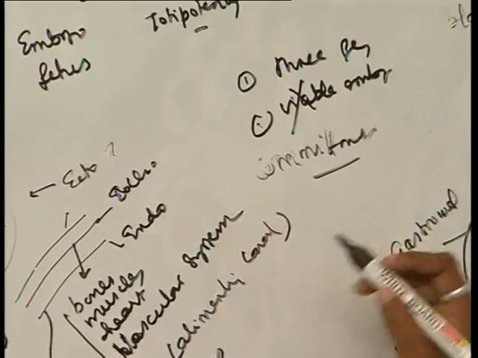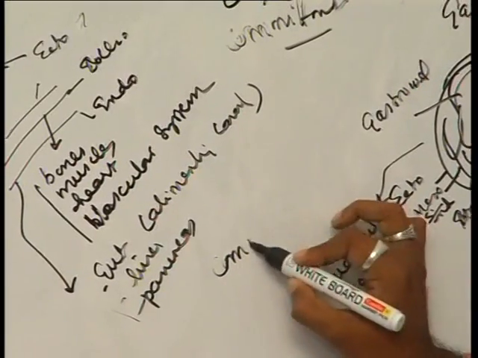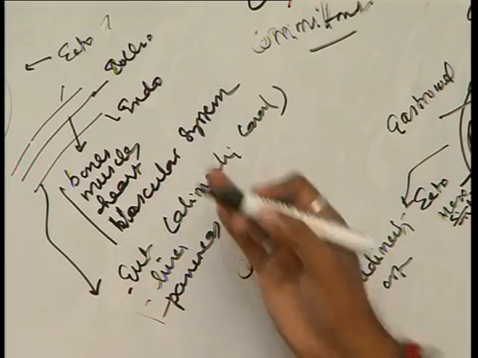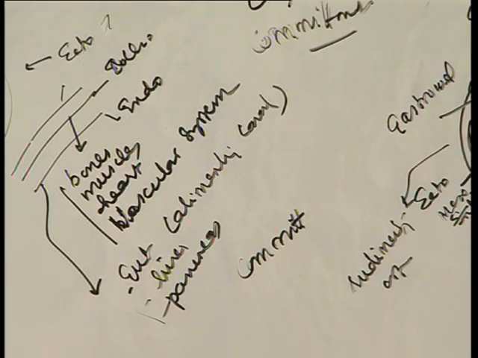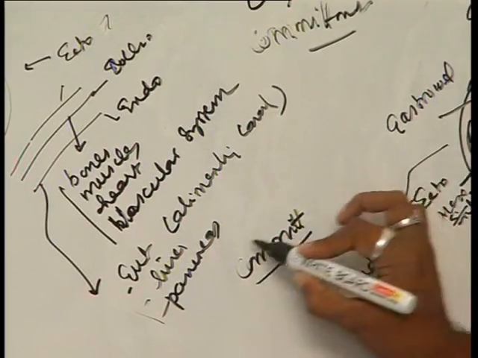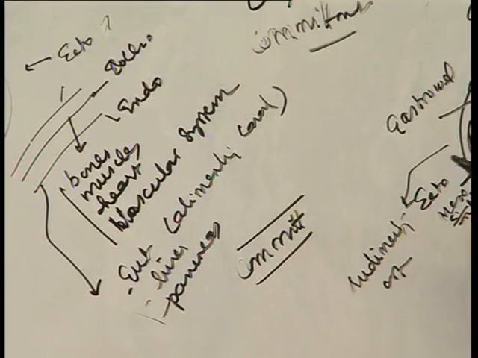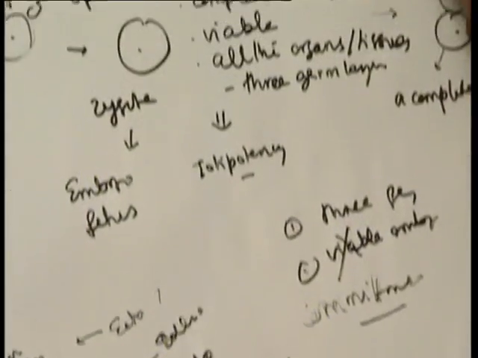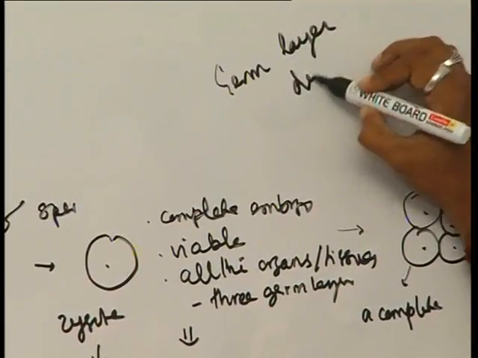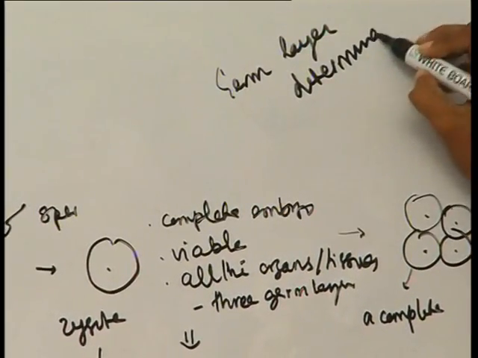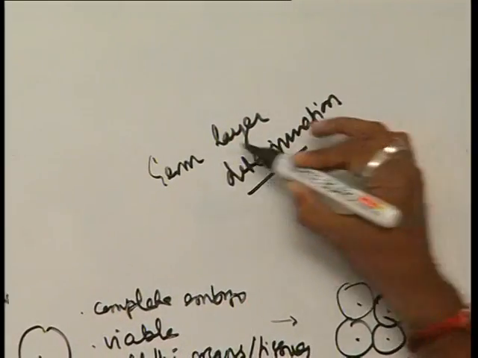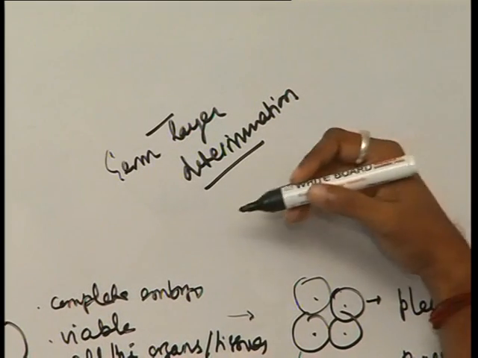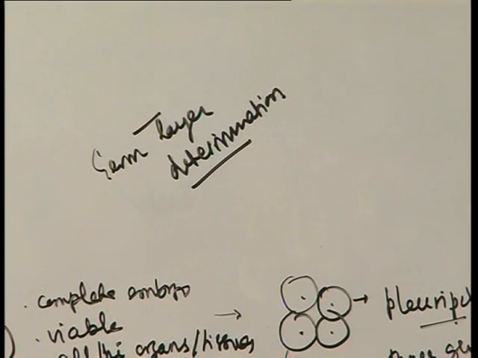Similarly, the mesoderm also commits itself to form mesodermal organs. Similar is the case with the endoderm. So this primary commitment is called germ layer determination. Germ layer determination is where each germ layer determines what it wants to become.